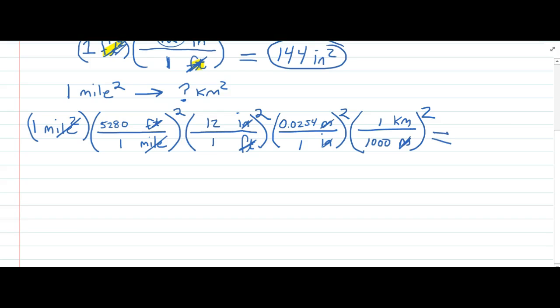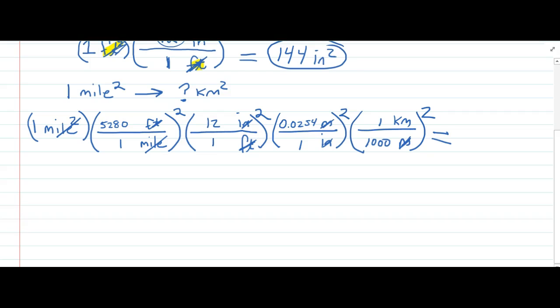If you're not doing this with me, stop the video, go get your calculator, and make sure you know how to punch this in and get the same result. We're going to do 1 mile squared, which I'm not going to punch in because 1 squared is 1. So 5280 squared times 12 squared times 0.0254 squared divided by 1,000 squared.